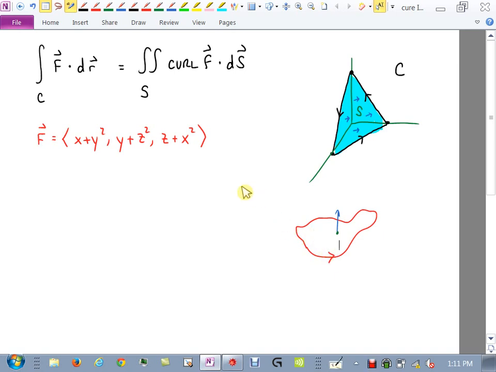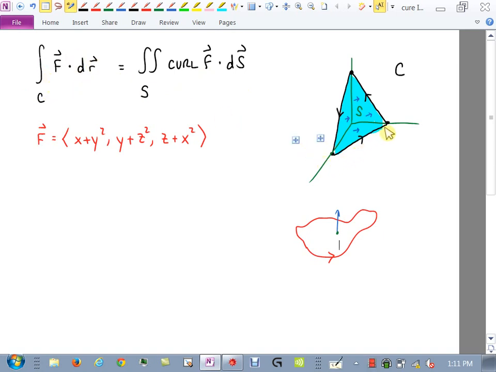All right, so I can apply this theorem to this surface. In order to do this problem, maybe we should appreciate why Stokes' theorem is good here before we actually do it. What would it take to do this without Stokes' theorem?